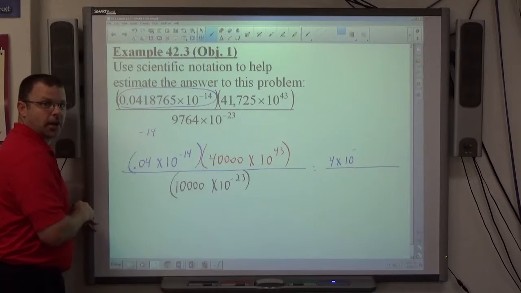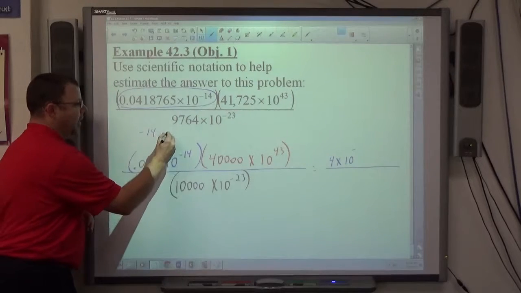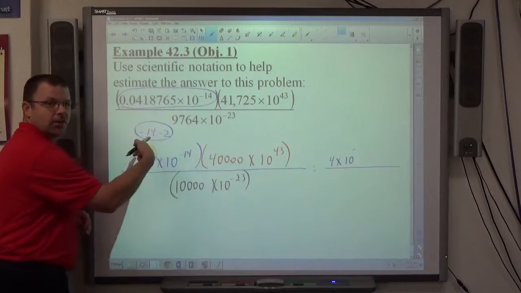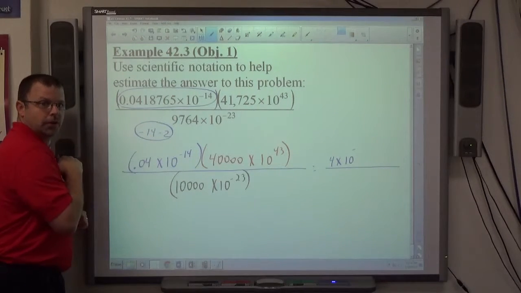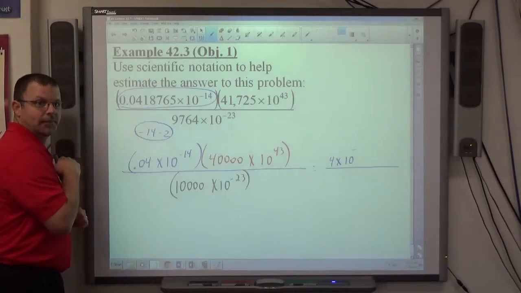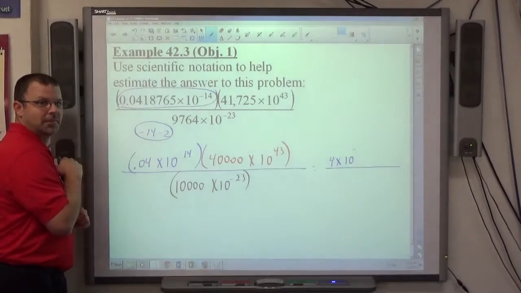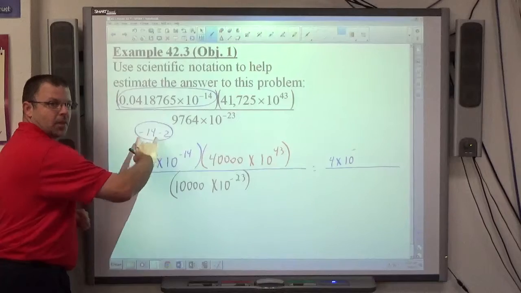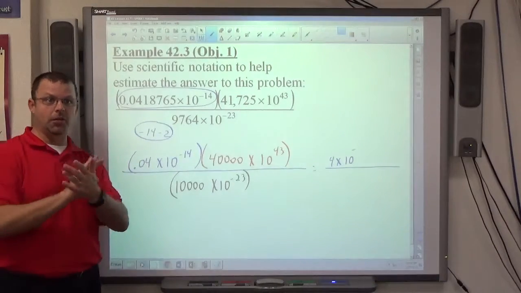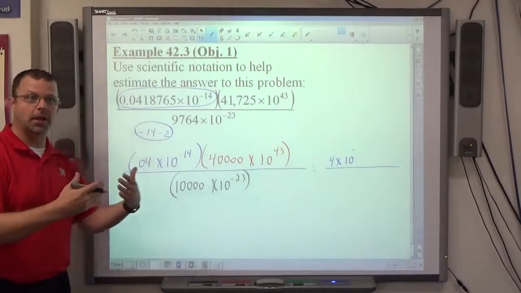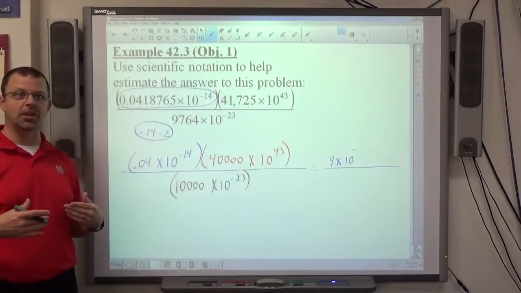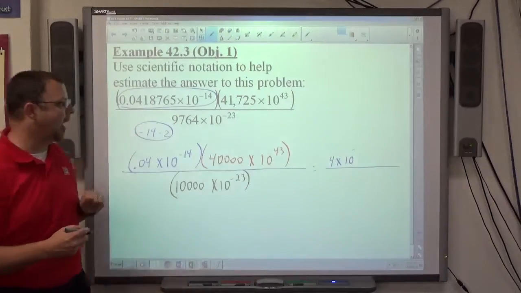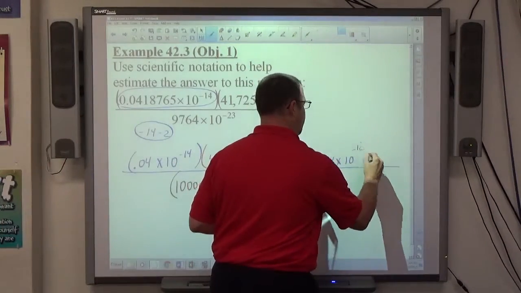So we should add or subtract? Subtract. And again, if you look at it, you can see what you're supposed to do. Should you add them or subtract them? Add them, because the signs are the same, right? Obviously the 2 is what you're supposed to do, but whether I add or subtract the numbers is based on the signs and numbers you're looking at. These are the same, so we add. So negative 16 is what we should get.